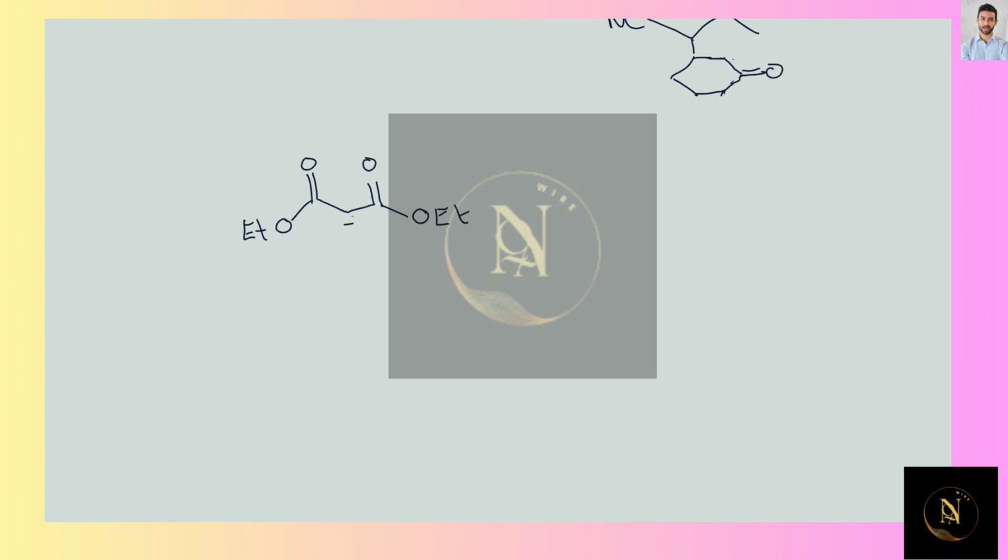The ethanoate takes away an hydrogen from this position, and your reactant, your acceptor for the donor, for the Michael addition, it is going to be, we have a double bond, which is in a cycle, and over here we have your aldehyde.